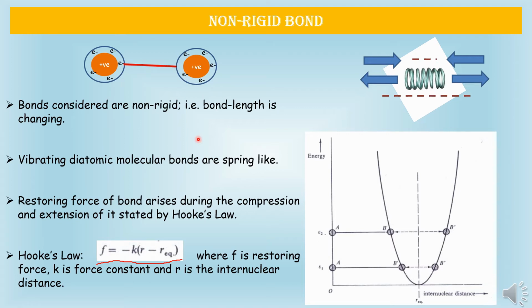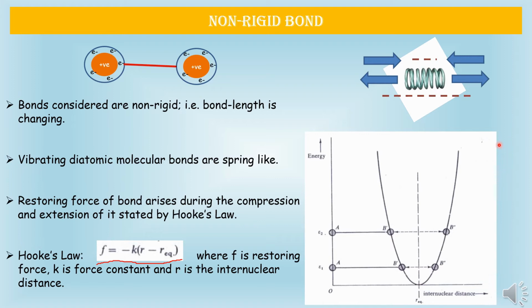This means that the restoring force during extension or compression of the bond is proportional to the distortion of the bond with respect to the mean position, but in the opposite direction. Simply, if a bond is extended with respect to its equilibrium position, then the restoring force will act to compress the bond to its equilibrium position.